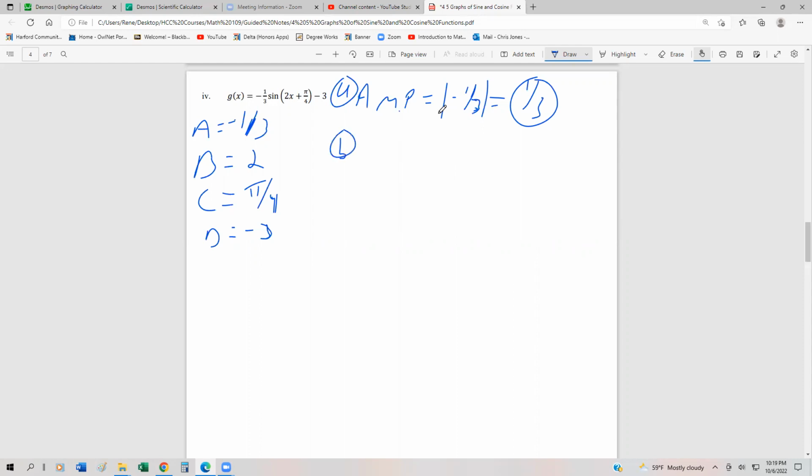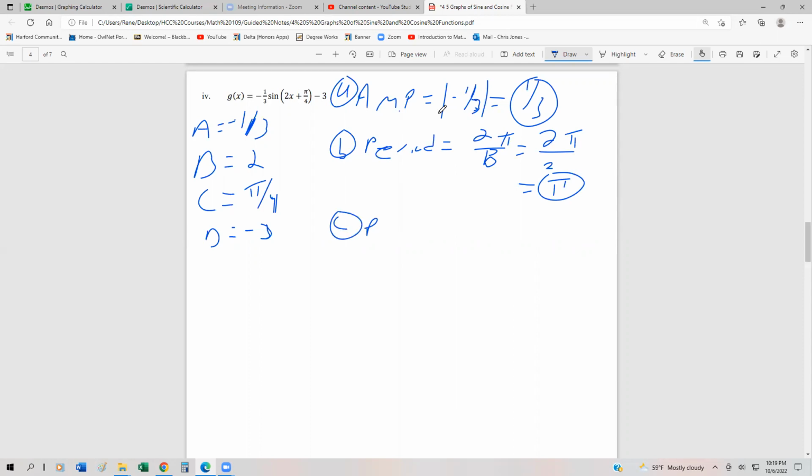For the period, our period is equal to 2 pi divided by b, which in this case is 2 pi over 2, which is just going to be pi. So it's going to be a little bit faster for us to go through this function.